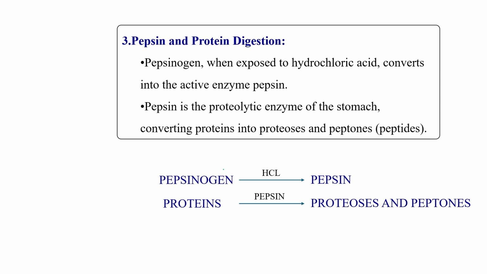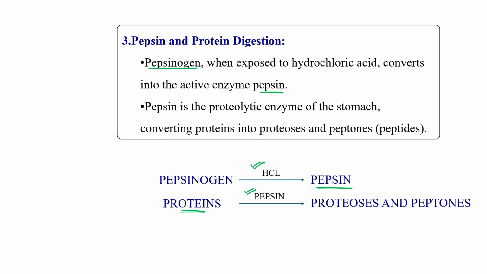Okay, so the pepsinogen enzyme, which is secreted by the stomach mucosa, the lining of the stomach, will convert into the active enzyme pepsin in the presence of HCl. That's why HCl is also secreted by the oxyntic cells. Proteins are then converted into simpler forms, proteoses and peptones, by the activity of pepsin.